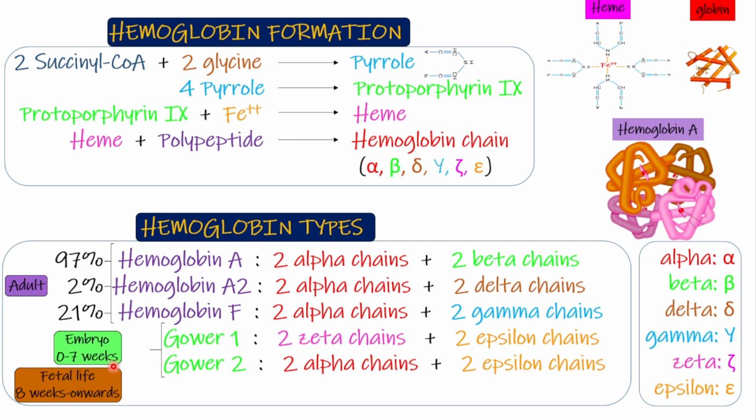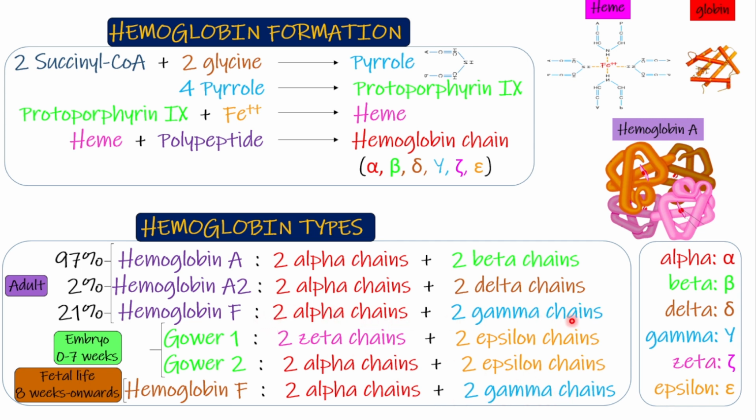Okay. Now coming to 8 weeks onwards, fetal life. In fetal life, we have hemoglobin F. This hemoglobin F and the adult hemoglobin F are the same. So hemoglobin F present in fetal life from 8 weeks onwards is 2 alpha chains and 2 gamma chains, as told earlier.